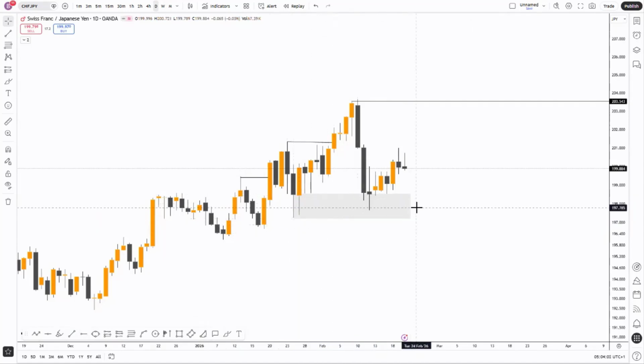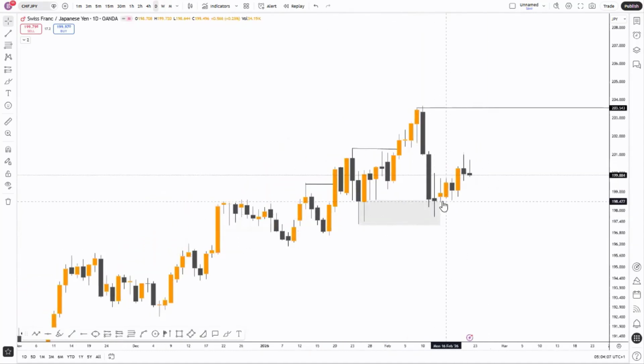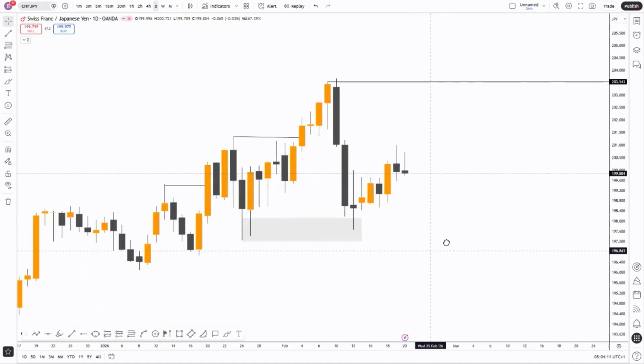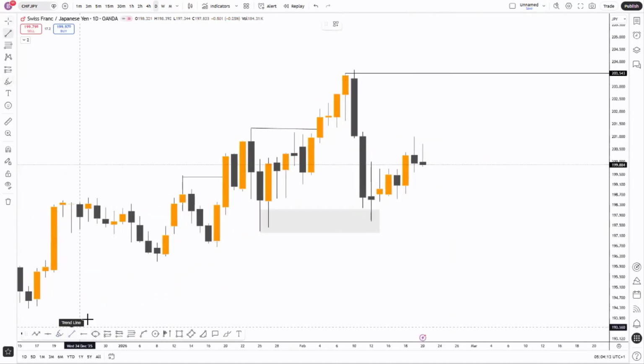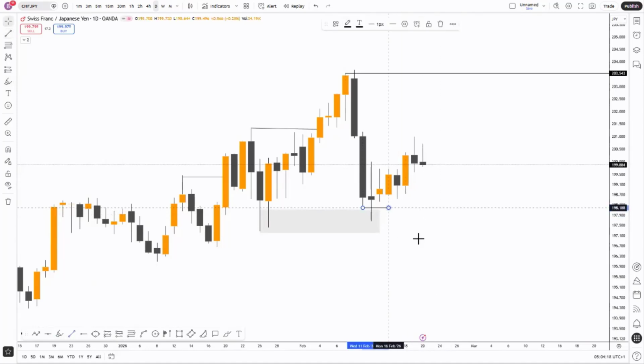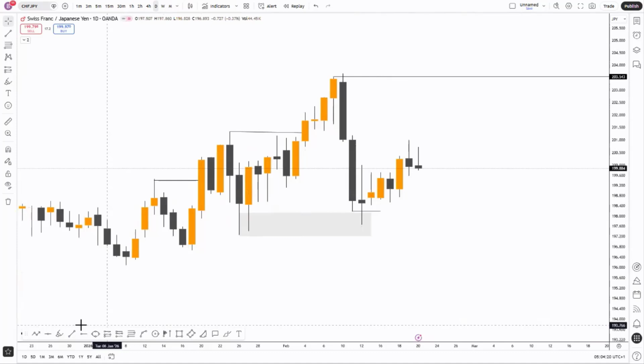Once price taps into your origin, this shows you that we are ready to sell. And looking at this price action, you can see that price took liquidity off this low here, this primary draw on liquidity. Once the primary draw on liquidity is taken, my next target will be my secondary draw on liquidity, which will be here.